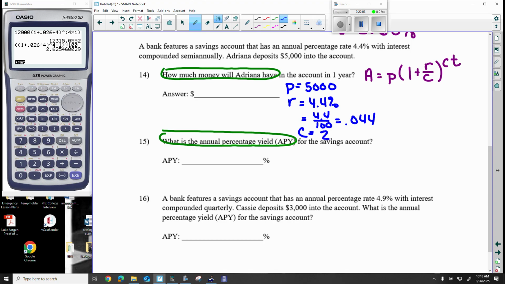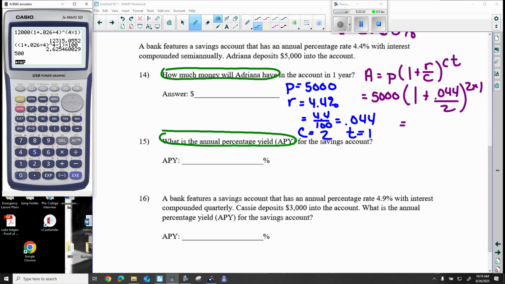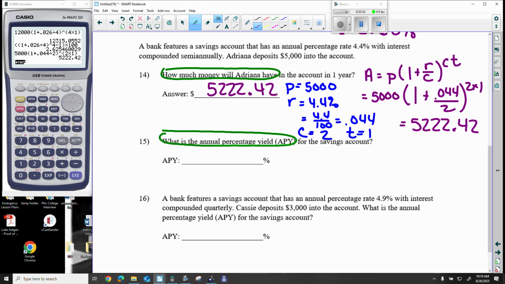Compounded semi-annually for 1 year. Excellent.